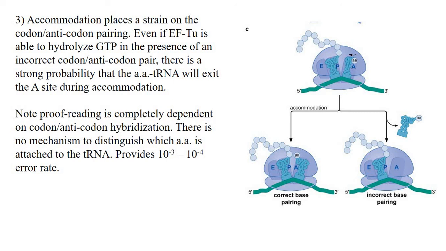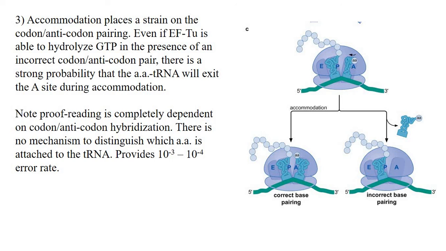Okay. So now you can see all these mechanisms require tRNA-mRNA binding, the codon-anticodon binding. So the proofreading is dependent on codon-anticodon hybridization. If the tRNA fits in the A site well enough and it can accommodate, then that amino acid will be added in the sequence.